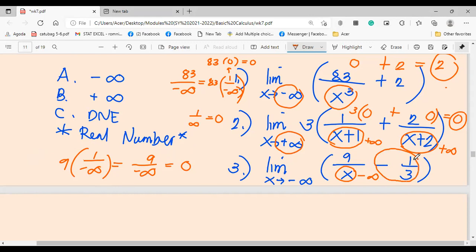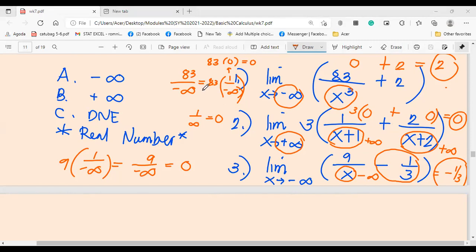Negative 1/3. The answer is negative 1/3. Okay, that's negative 1/3. Okay, so I can see your answers were actually clearly written, and that's great, no? So the answers are 2, 0, and negative 1/3.